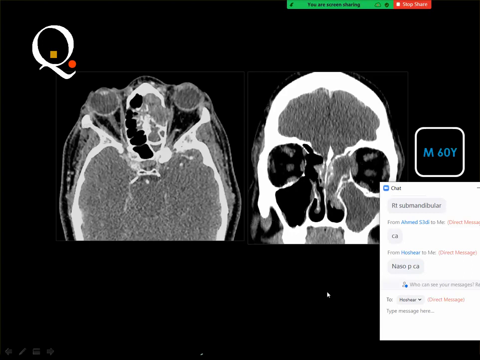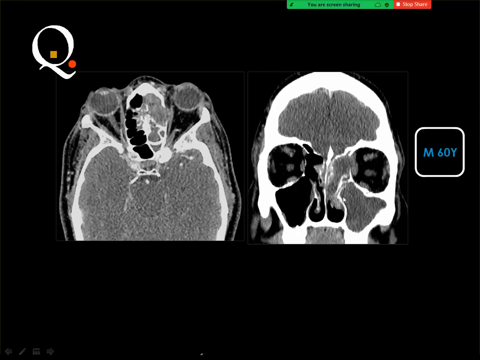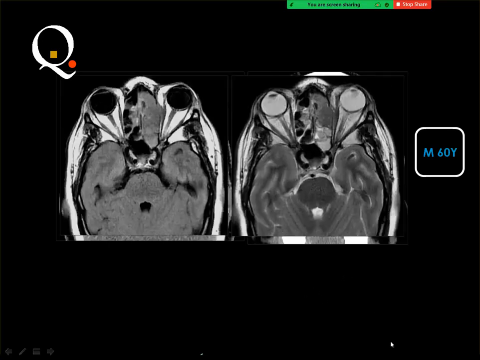Actually, we are in the ethmoidal air cells. Then this other one is invasive fungal sinusitis, antrochoanal polyp. And this is not an antrochoanal polyp because there is no communication between both, and the lesion is centered mainly in the ethmoidal air cells.